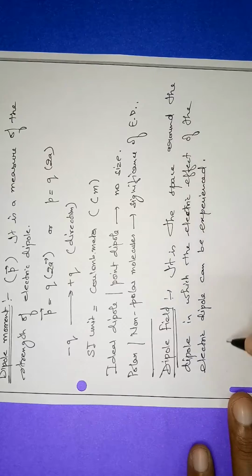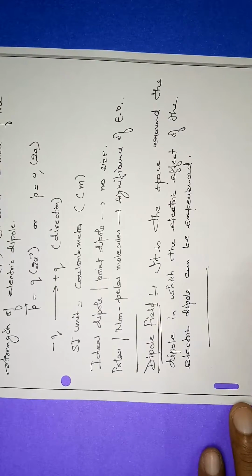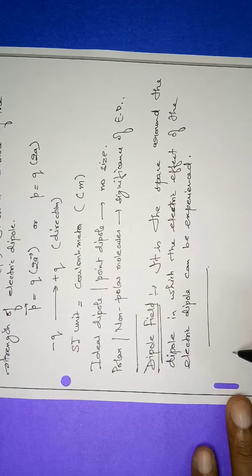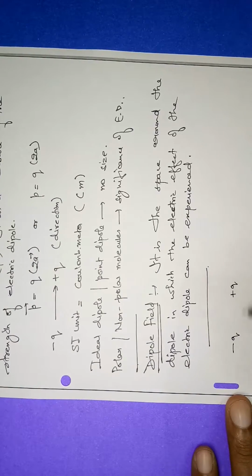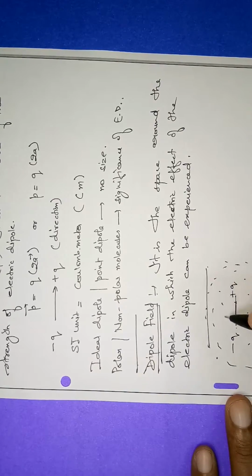So this is the dipole field. Suppose this is minus q and this is plus q, separated by a certain distance; the space around the dipole is the dipole field.